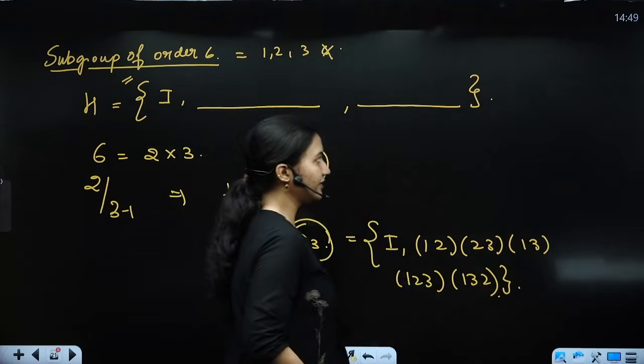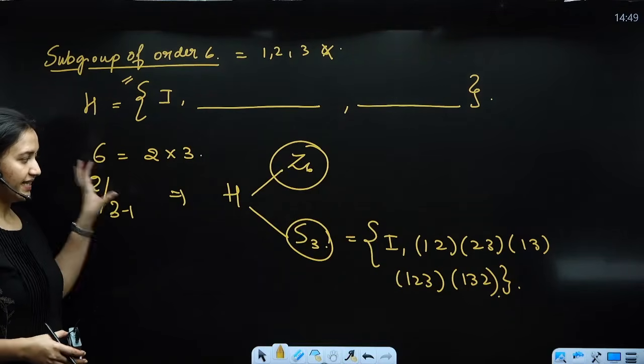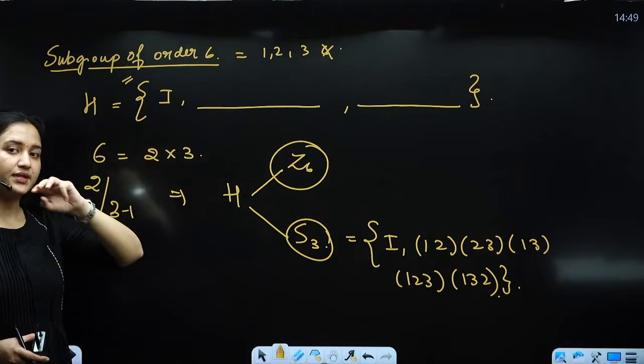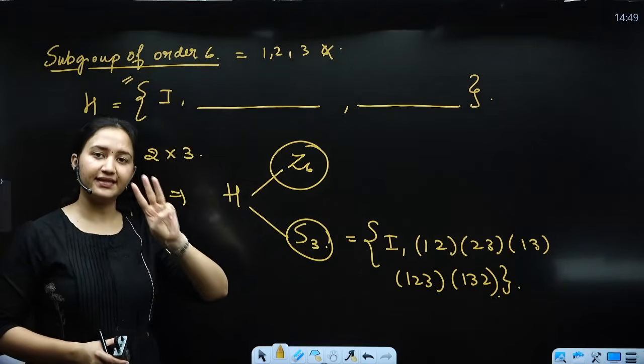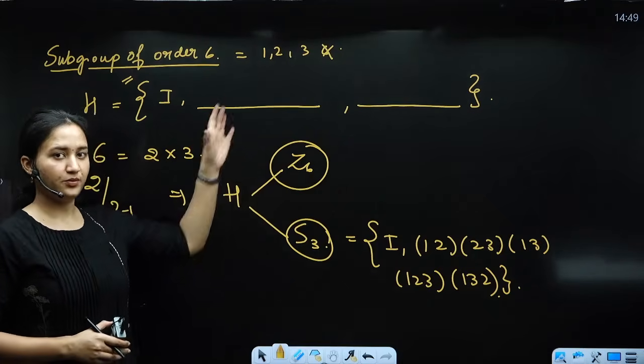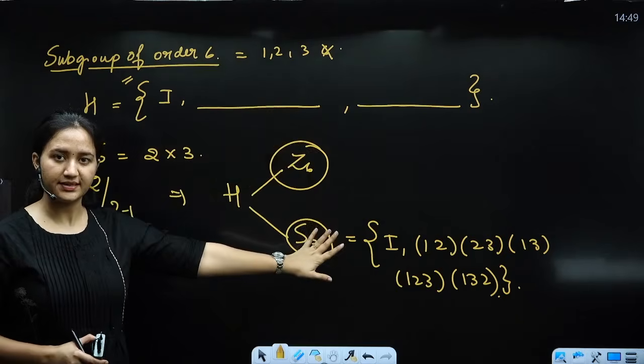So similarly, if this subgroup is going to be similar to S3, then it must have 3 elements of order 2, right? And we know that exactly there are 3 elements of order 2 in A4, right? So all of them are going to be present in this subgroup if this subgroup exists and it is isomorphic to S3, right?